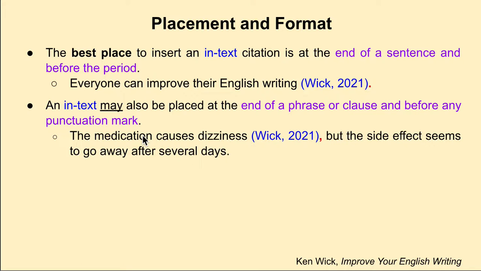You would probably use this because the information that the medication causes dizziness is sourced to this source right here, and this other information is not being sourced to anything. This is the reason you'd write it this way. But you do have the flexibility of putting the in-text source citation after a clause or a phrase.